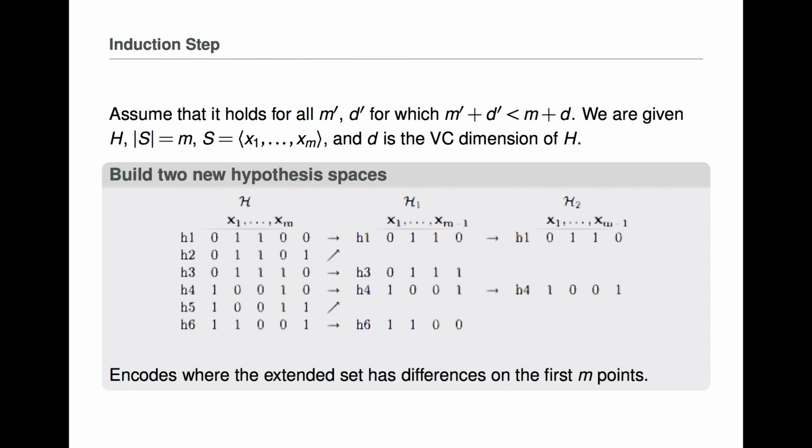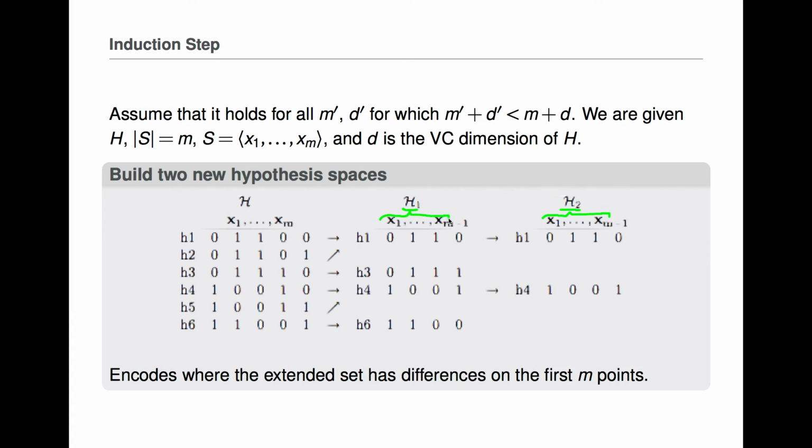So what we're going to do is, from our original hypothesis space, which worked on m examples, we're now going to break this into 2 subspaces. And the way that we're going to break our original hypothesis space into 2 subspaces is take the original hypothesis set and only consider the first m minus 1 points, h1 and h2.